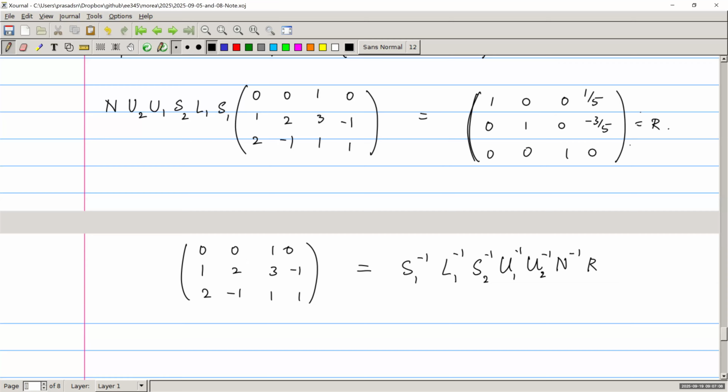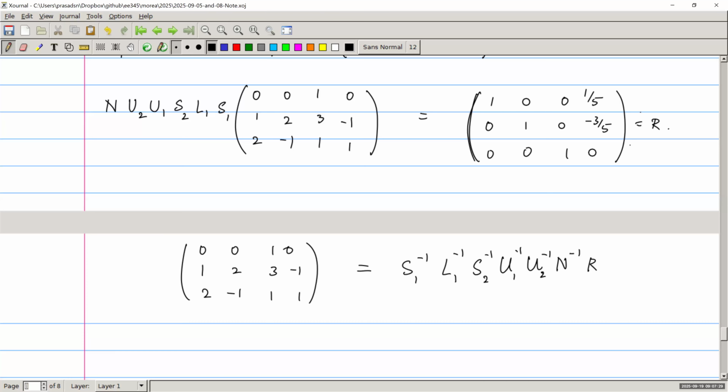Even though matrix multiplication is in general not commutative, that means you can't swap around the order of these matrices, it is possible in this very special case to swap U and N. You can swap these operations.